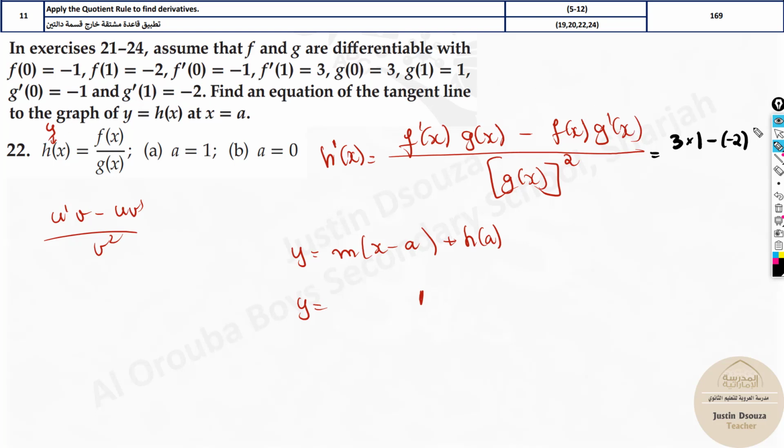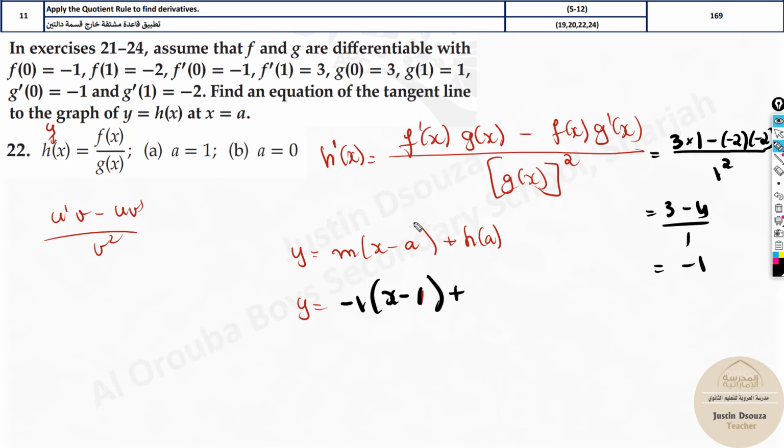Okay, this one, minus 2, again minus 2, divided by the square of g of 1. You know, the a part is all 1. We have to just search for 1s. G of 1, that is 1 square. Now if you simplify this, it will be 3 minus minus will be plus, again minus 4 by 1, it is minus 1. So here the slope is minus 1 times x minus a is 1.